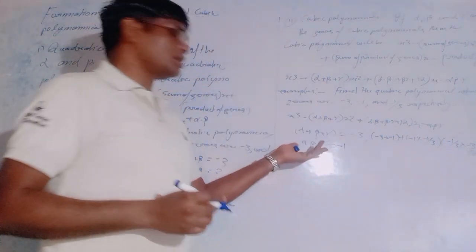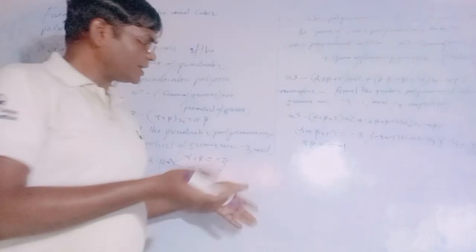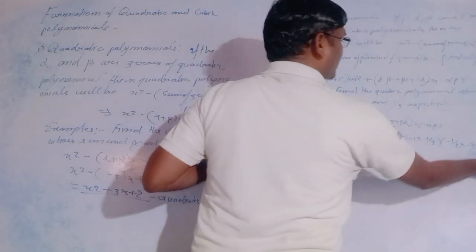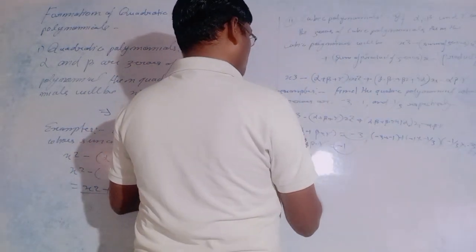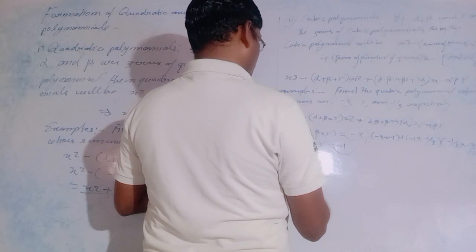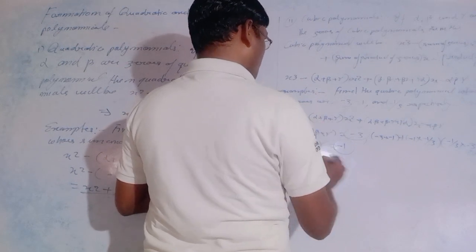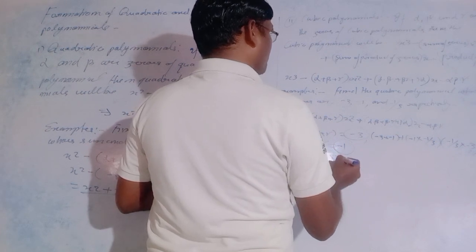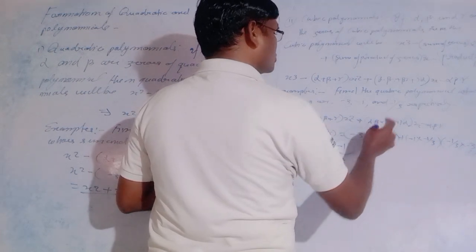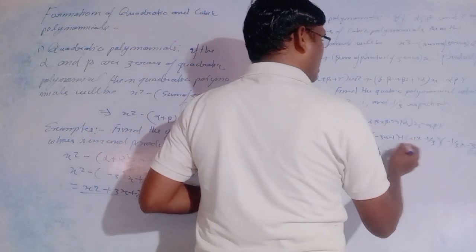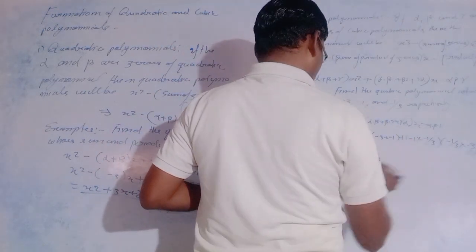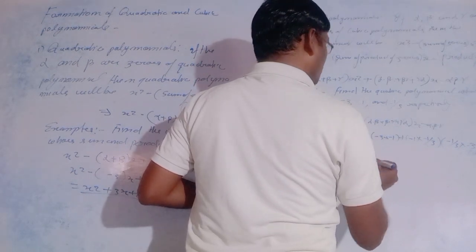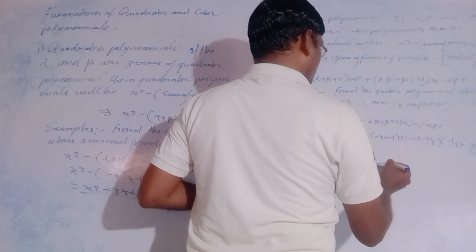So here we will get the values and substitute these values in the equation. So x cube minus the value of alpha plus beta plus gamma, then alpha beta plus beta gamma plus gamma alpha, which is minus 11/3, into x, minus alpha beta gamma, which is minus 1.